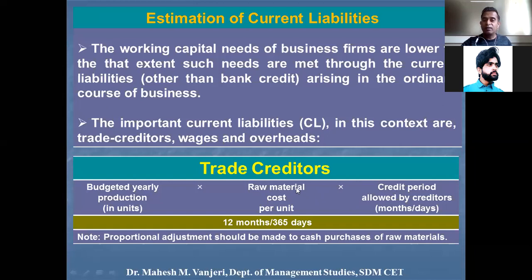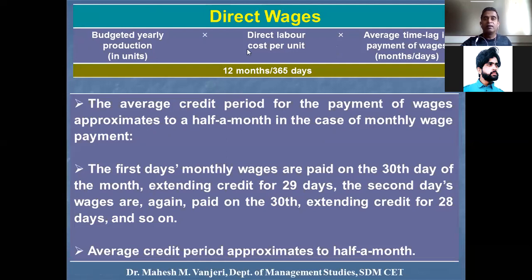But again, if the company has made advance payment to suppliers of raw materials, this has to be shown on the current asset side. You need to remember this. And direct wages: budgeted yearly production in units multiplied by direct labor cost per unit multiplied by average time lag in payment of wages.